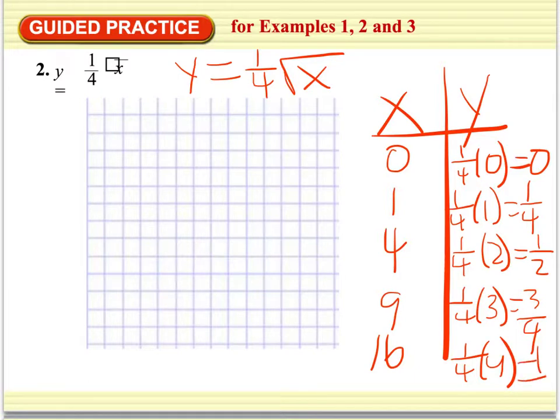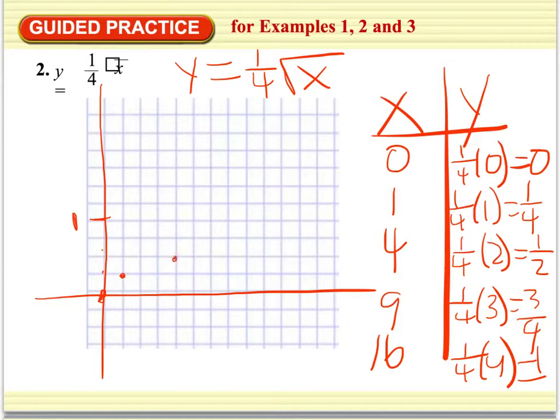So let's graph that now. Those are all positive numbers again, so we're going to scooch our graph over this way and then graph those points. I'm going to make the 1 up here. That way it'll be a little bit easier for us to graph that top part. So 0, 0, 1 and 1/4, 4 and 1/2, 9 and 3/4.